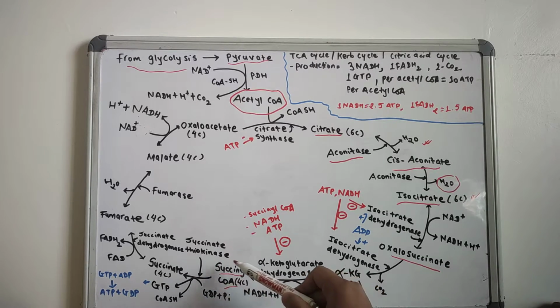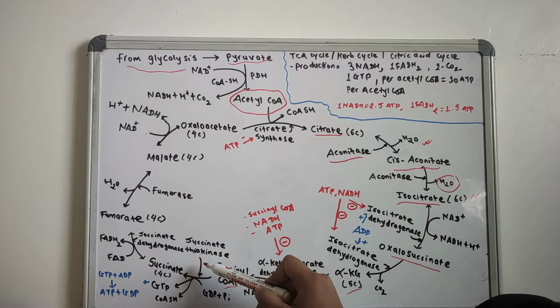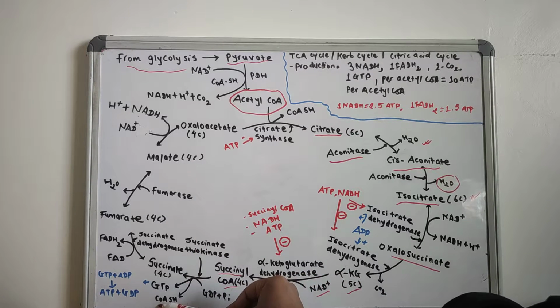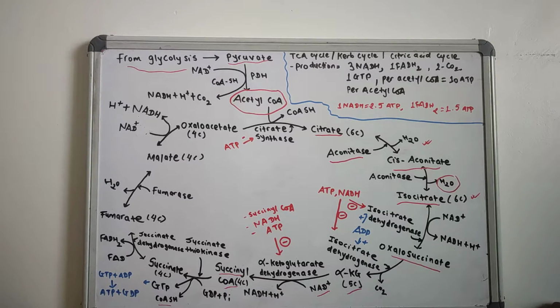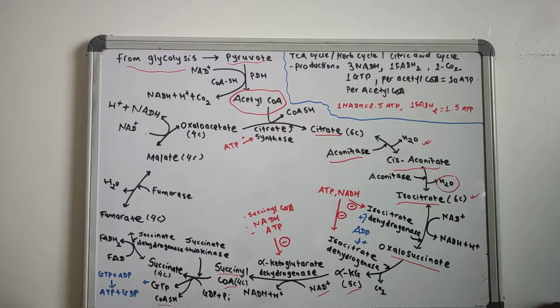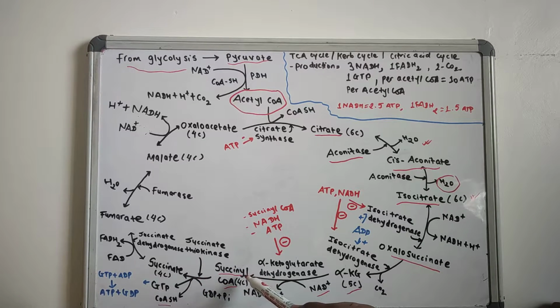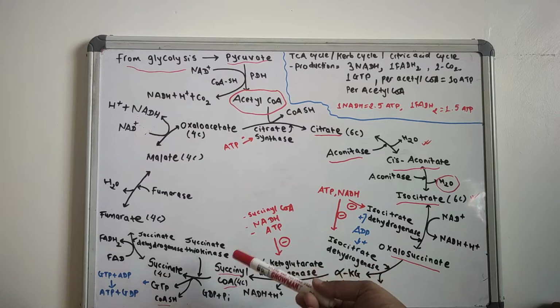On the succinyl coenzyme A, the enzyme succinate thiokinase acts, forming succinate. Here GDP plus phosphate also act, forming GTP and coenzyme A. I want you to know that in this reaction, upon the conversion of succinyl coenzyme A to succinate by succinate thiokinase, GTP is produced. This reaction is substrate level phosphorylation.